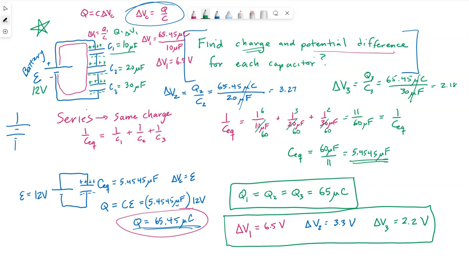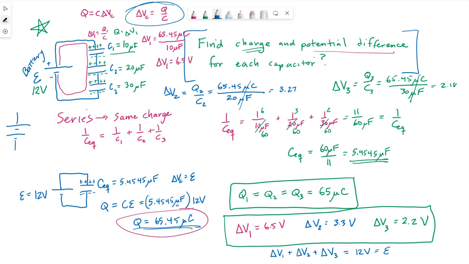So for each capacitor, the delta V between the positive and negative plates, for each capacitor, sorry. Notice if I add these together, they add up to be 12 volts, which is the battery voltage.